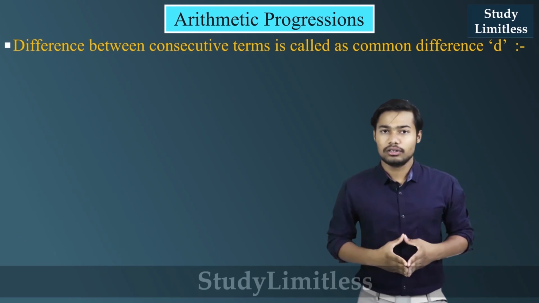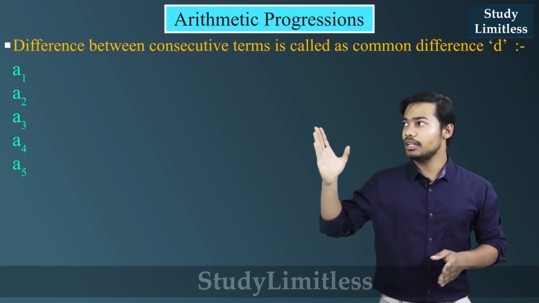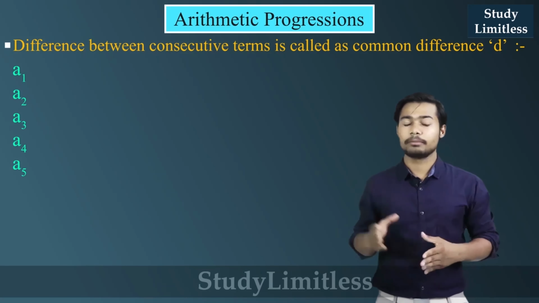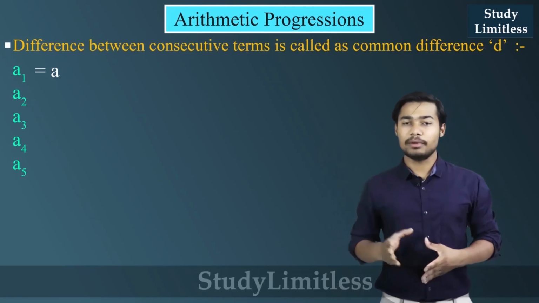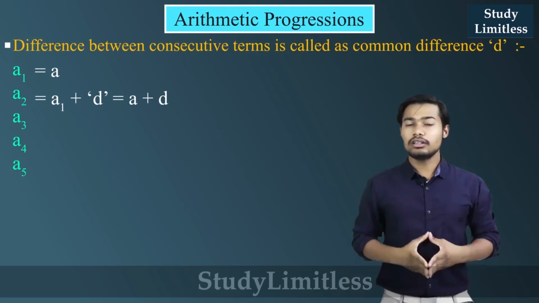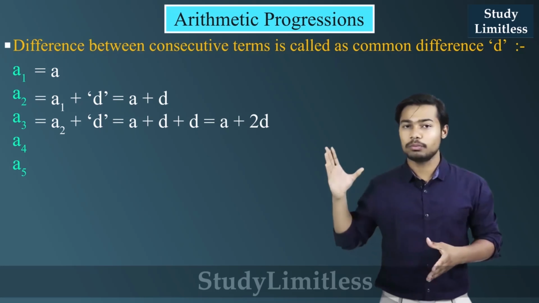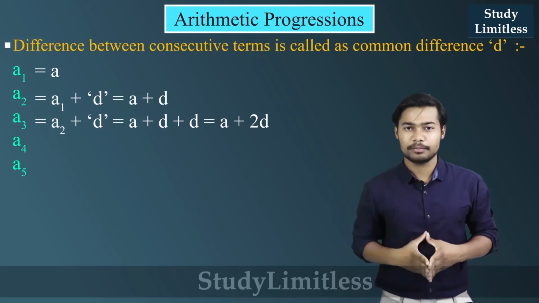Now that we have understood what is common difference and first term, let us write these terms A1, A2, A3, A4 and A5 and so on in this way. We can write first term, that is A1, as a, second term A2 as first term plus common difference, that is a plus d. Third term, that is A3, is equal to second term plus common difference, that is A2 plus d, that is equal to a plus d plus d, that is equal to a plus 2d.